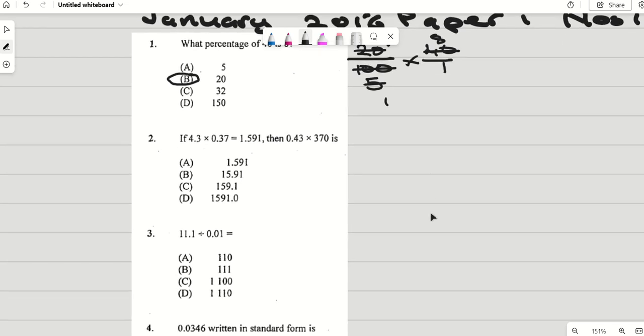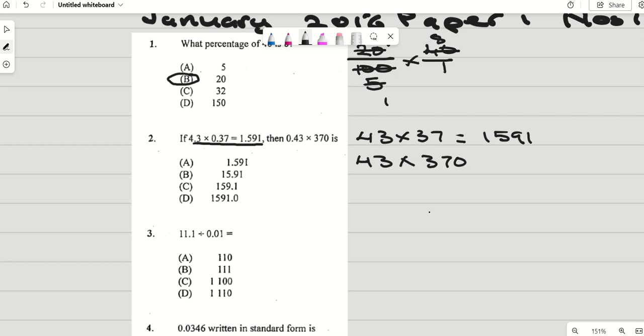Part 2, right? When you see a question like this, the first thing you do is remove your decimals to make sure that they are the same. If you have 43 multiplied by 37 is equal to 1591, I remove the decimals for this first part. I'm going to do the same thing here. We have 43 multiplied by 370. They are not the same, right?